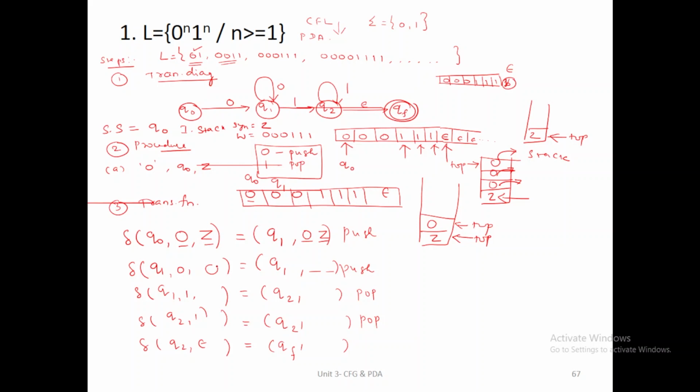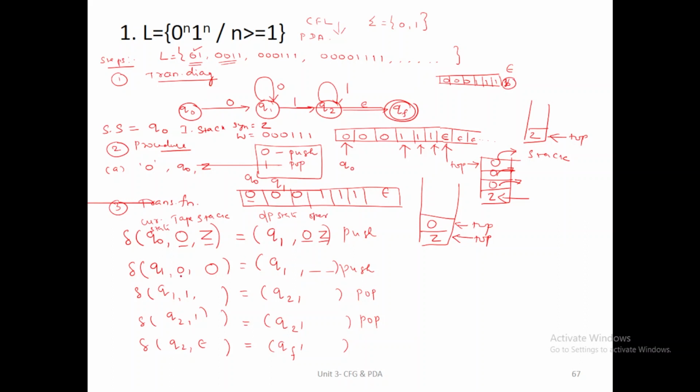So this is the stack topmost value. I am writing here: this is the stack value, this is your tape value, this is your current state, and it is your output state, and your operation, the stack operation.